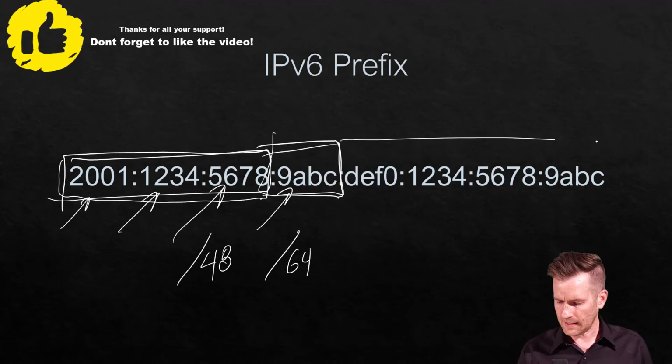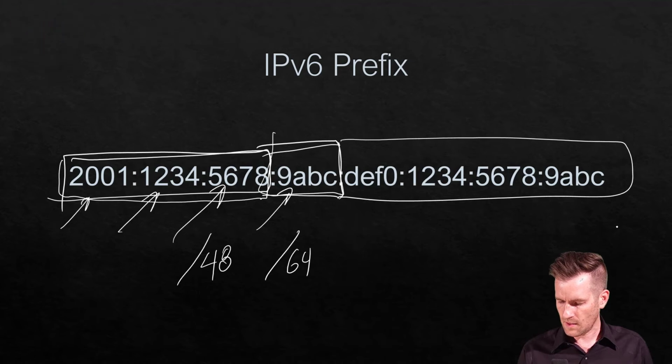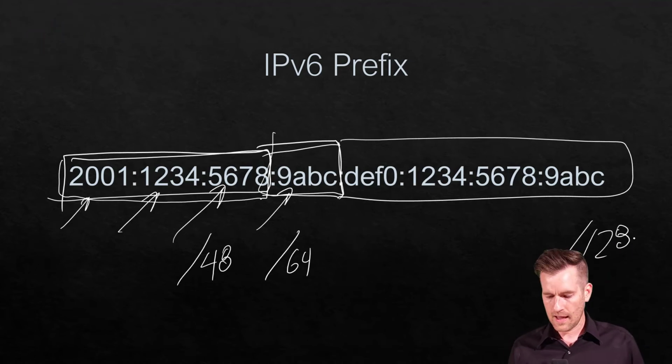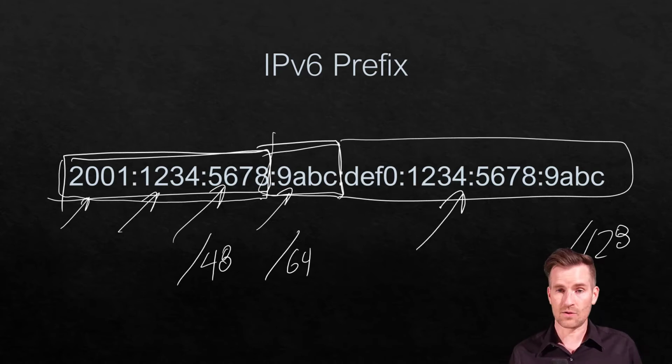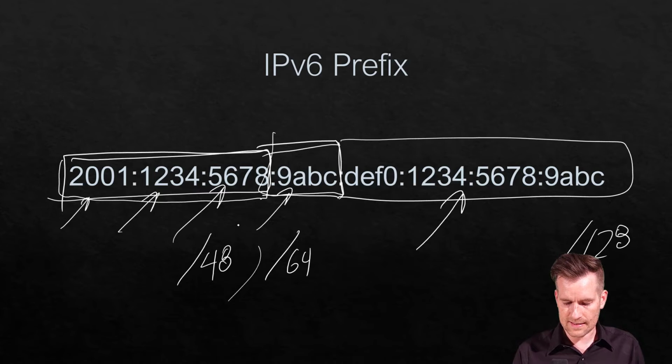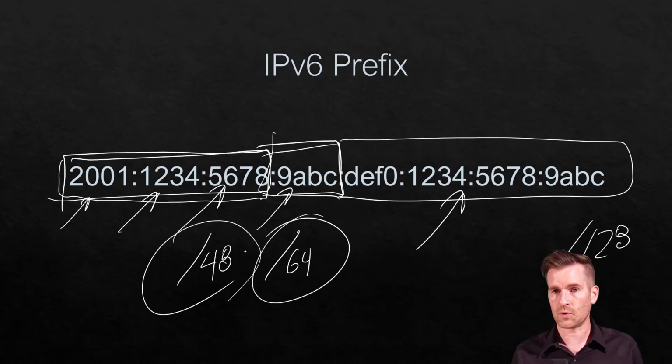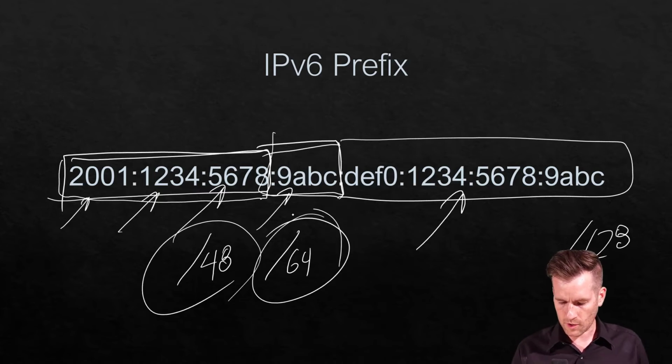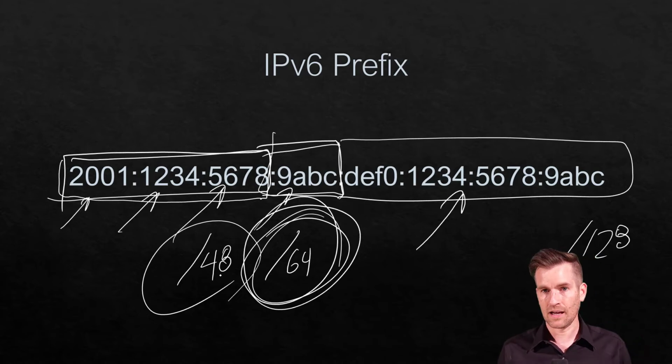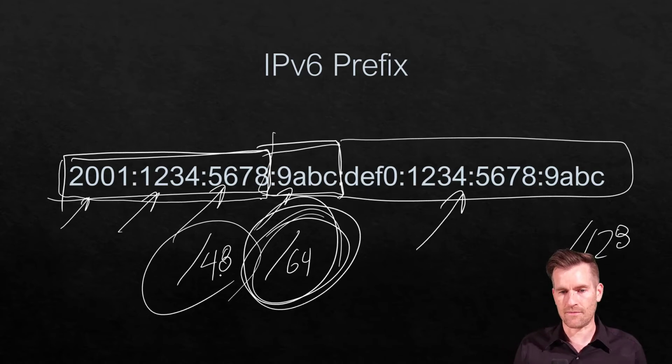And then the final 64 bits, to the end with 128 bits total, would be assigned to the individual interfaces. So you'll see these /48s and /64s quite often. Most of our networks, when you're talking about IPv6, are going to be /64s.